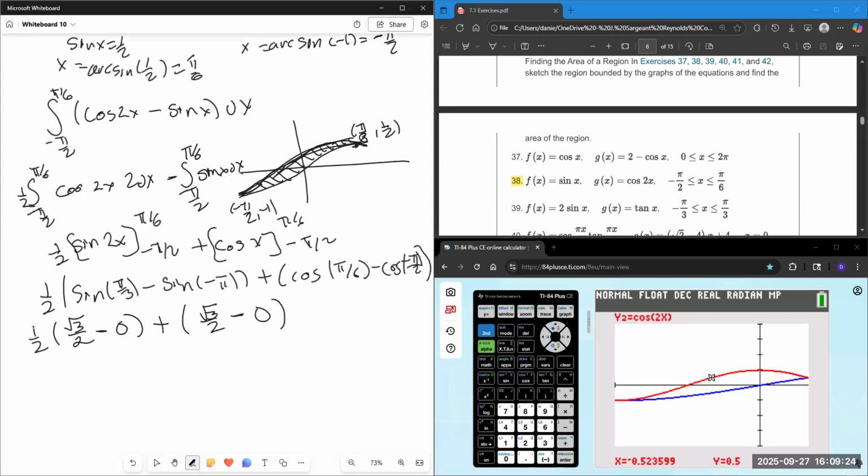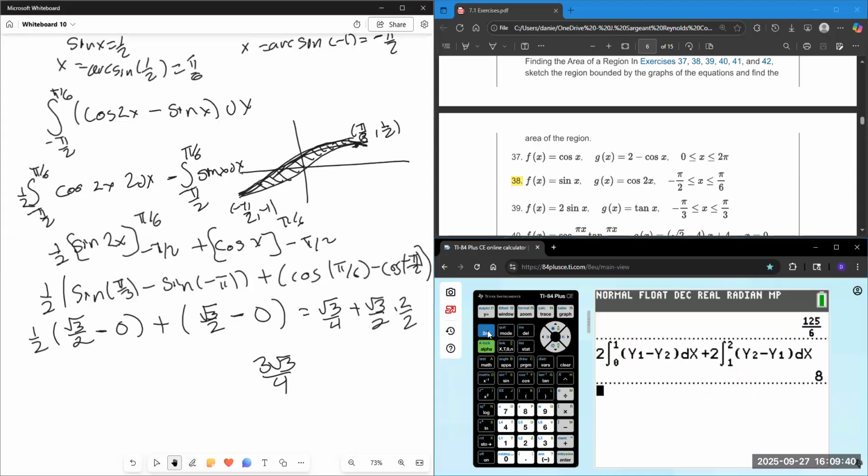That is root 3 over 4 plus root 3 over 2 times 2 over 2, which is going to be 3 root 3 over 4 exactly. And 3 root 3 over 4 is approximately 1.299.